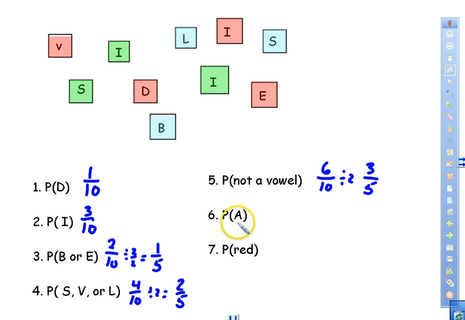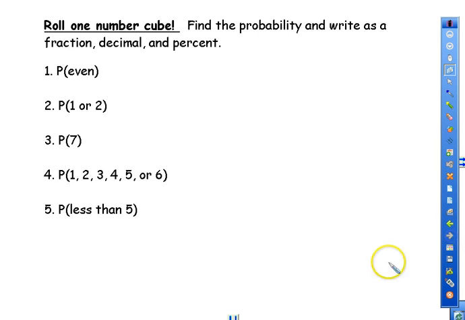Probability of drawing an A. How many A's do I have? 0. 0 out of 10, which is 0. 0 chance. Probability of drawing a red would be 1, 2, 3, 4 out of 10, which again is 2/5. Okay? So let's look at our next one.